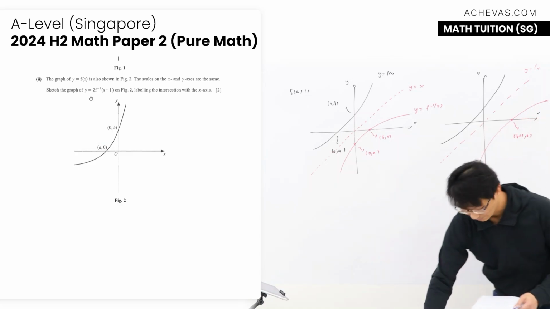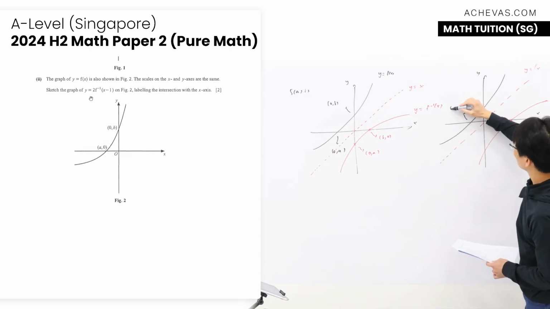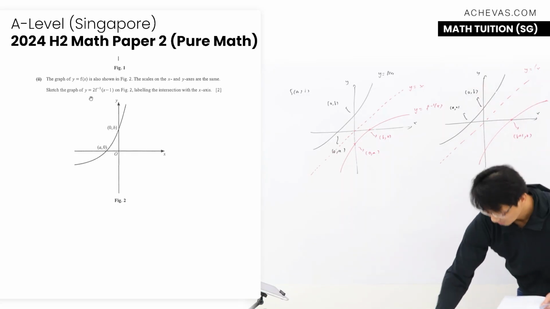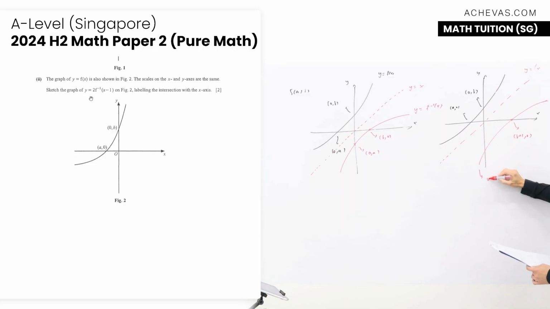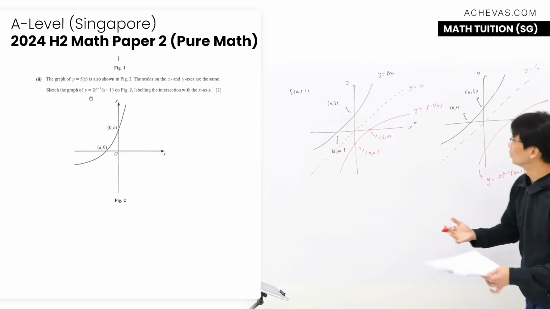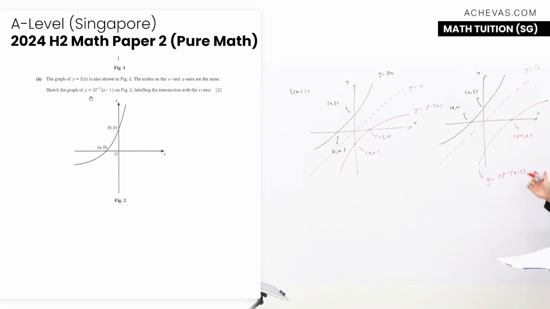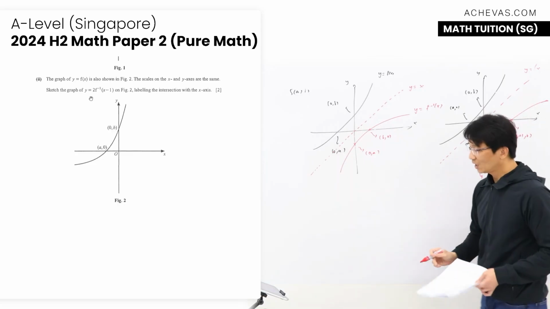And let me just label the original point (a, 0). This point will just be (0, b). And this will just be y equal to 2f inverse (x minus 1). It's kind of wider because the values of y are all multiplied by 2. I think drawing this should be okay already.